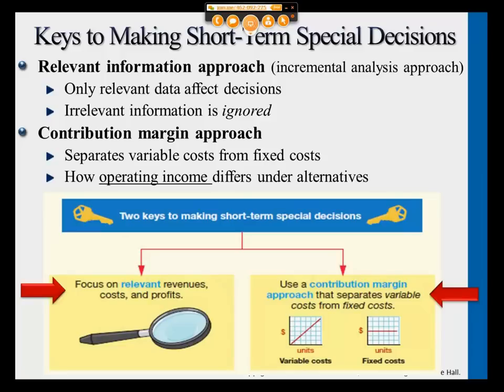To make a decision, it assumes that I have more than one alternative. So for each of your alternatives, you will have your relevant revenues, costs, and profits mapped. And then for the contribution margin approach, you will use your variable cost and fixed cost for each of the alternatives. Okay? More than one.